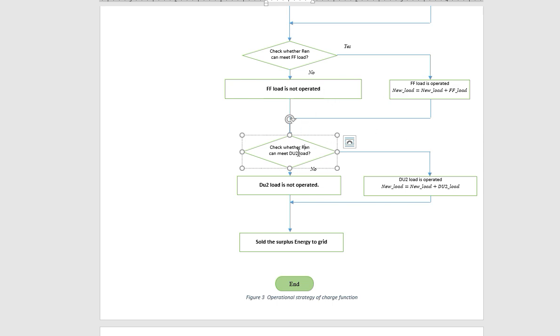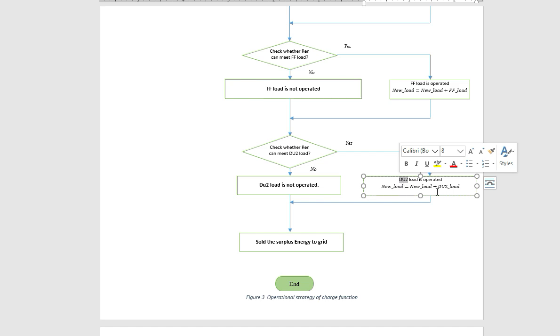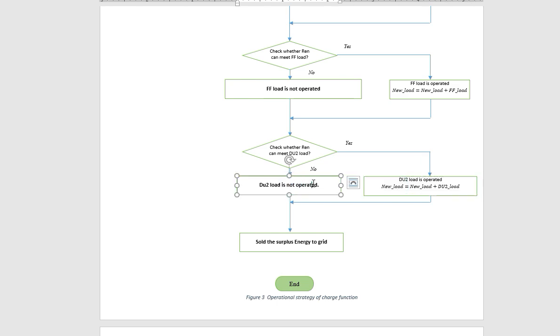If the surplus can meet the DU2 demand, then adjust DU2 and update the load demand for this specific hour, otherwise don't operate it. If after meeting all these conditions there is still surplus energy, that will be sold to the grid, and this surplus function will end.